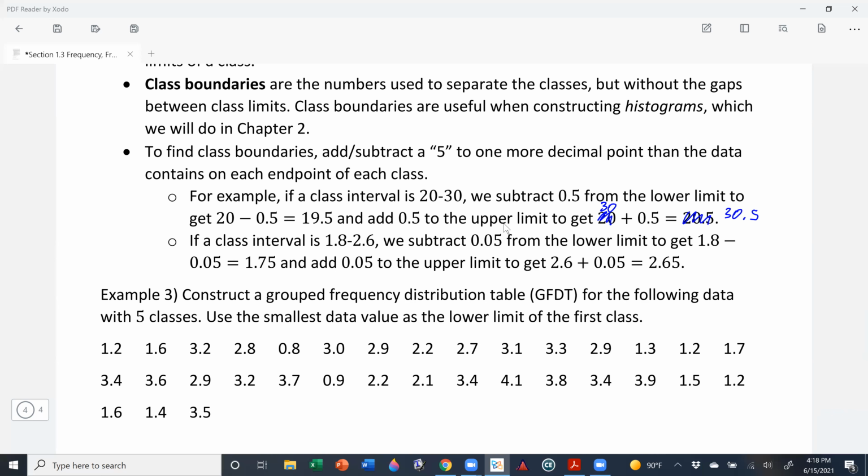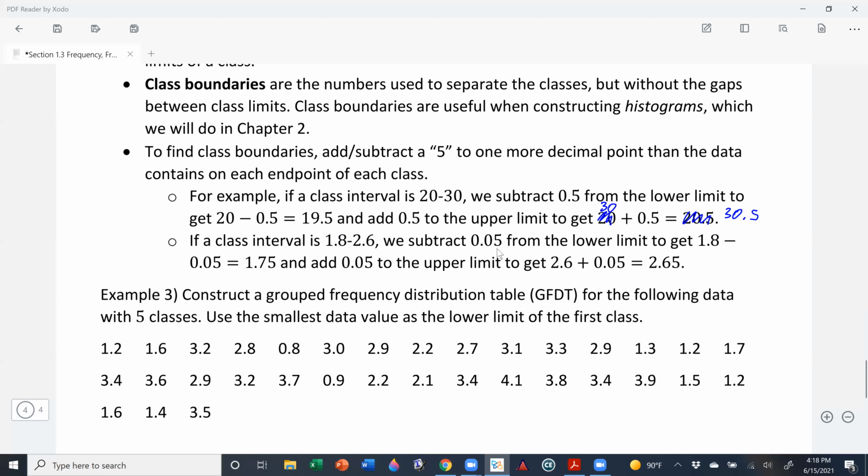Okay, so what that does is it makes it so that the two classes don't have any gaps in between them if we start trying to graph these on a histogram. If we have more decimal values, for example a class interval that goes 1.8 to 2.6, when we add or subtract that 5 to one more decimal point, since this data has 1 decimal place, we have to go to 0.05.